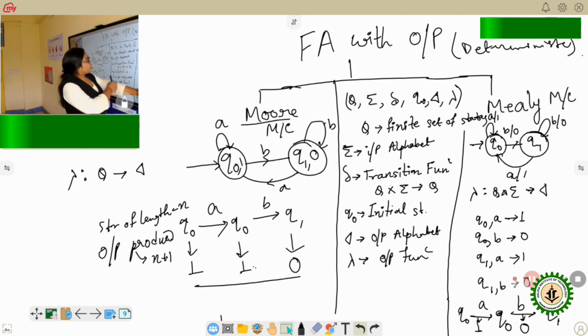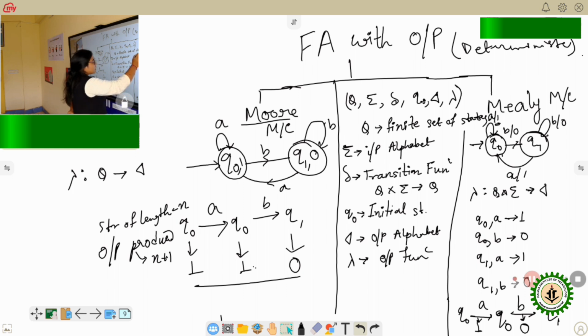Now this is Mealy machine. Here the output function is different from the Moore machine. From a given state, by giving some input, it will generate some output. Suppose two states are here. From Q0, by giving input A, it goes to state Q0 and the output associated is 1.